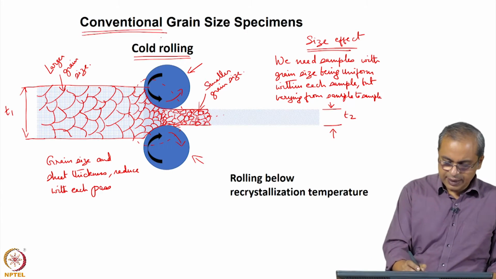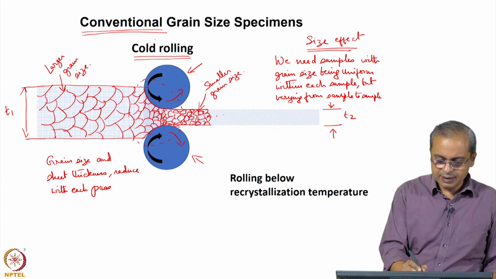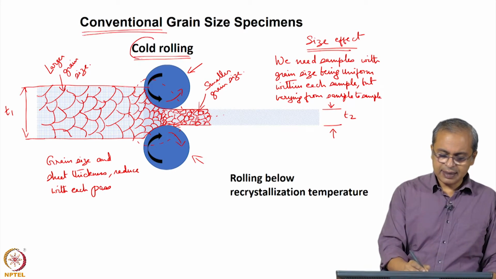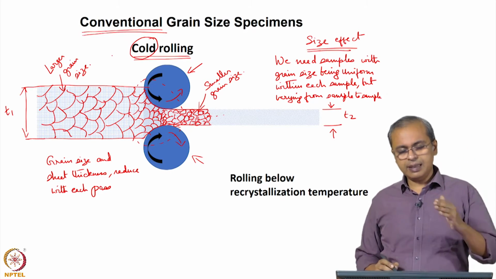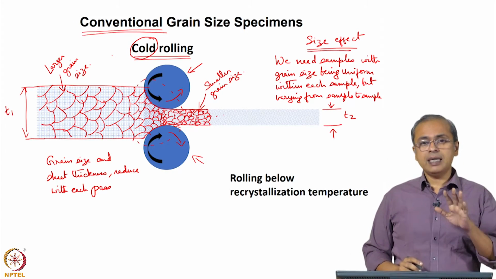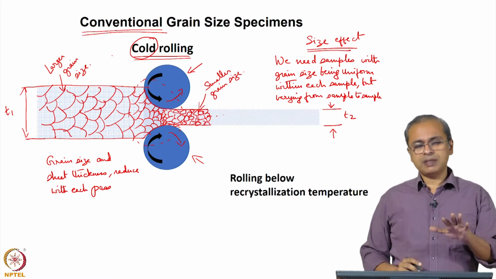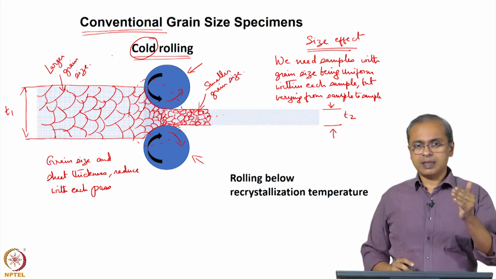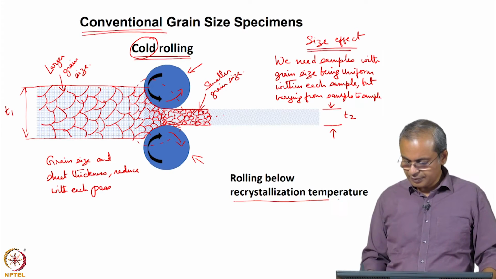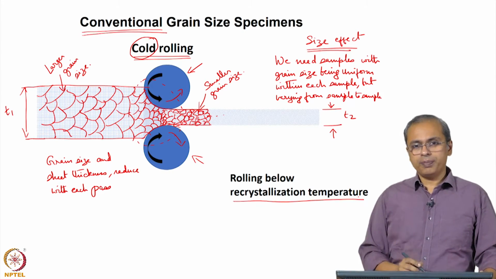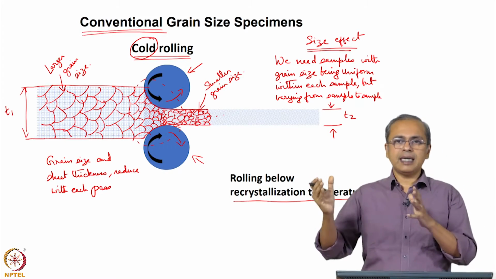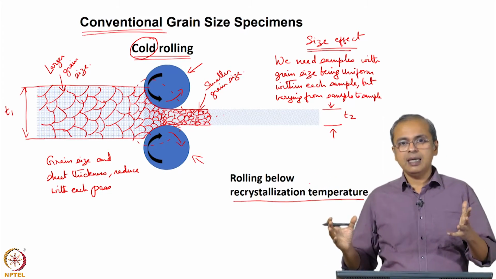Now, of course, it is also useful to keep in mind this idea that this is called cold rolling, and the reason is this: we are not deliberately heating the sample. More specifically, even if you do heat it, you do not heat it beyond a certain temperature, and that is called the recrystallization temperature. So, typically for most metals, this temperature is approximately related to the melting point of that material in a certain way.